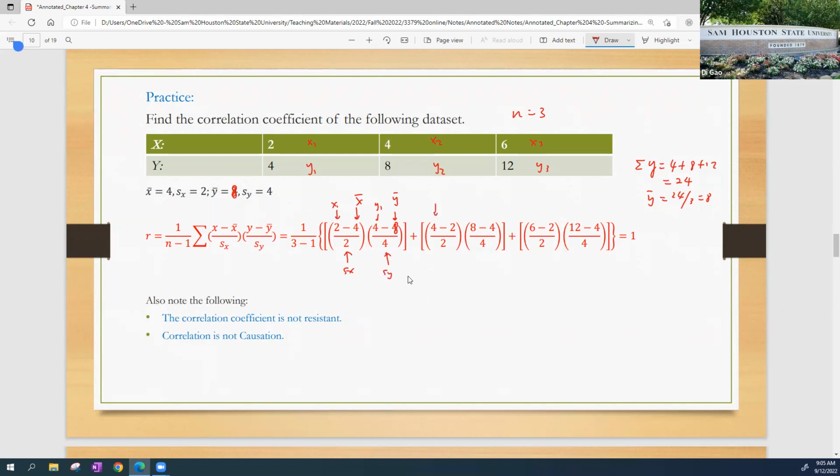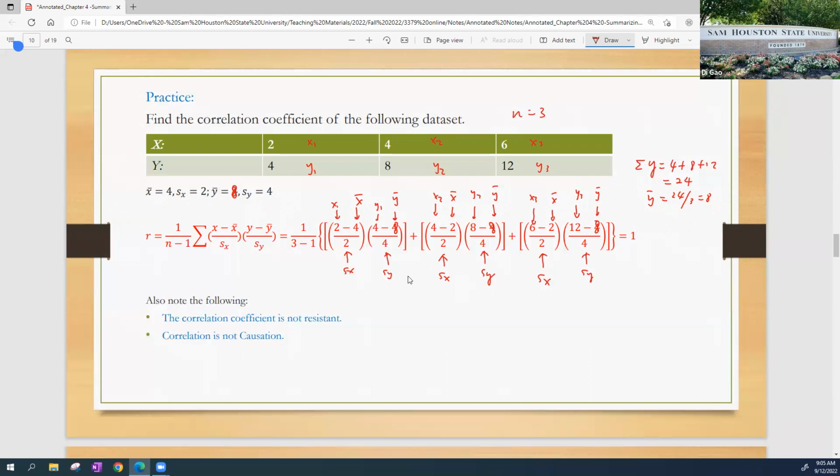And then x2, minus x bar, over sx, and y2, minus 8, that's y bar, over sy. And then 6 is x3, x bar is 4, sx is 2, and then y3, which is 12, minus 8, which is y bar, and 4 is sy.